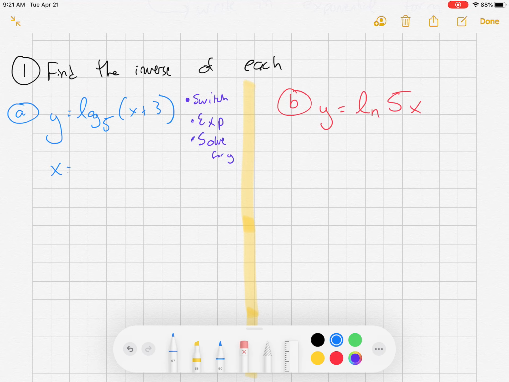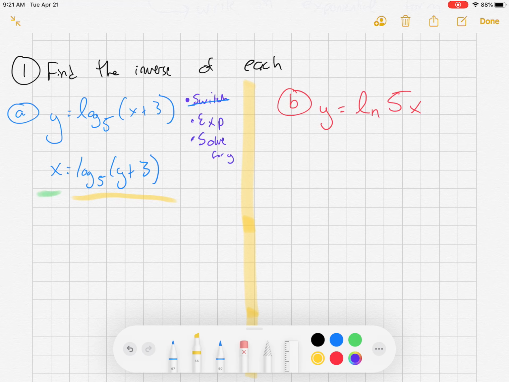So the first thing I'm going to do to find the inverse of 1a of my blue problem is switch x and y. So I'm going to write this as x equals log base 5 of y plus 3. Now I got to write it in exponential form. Whenever I do these, I personally flip the equation.